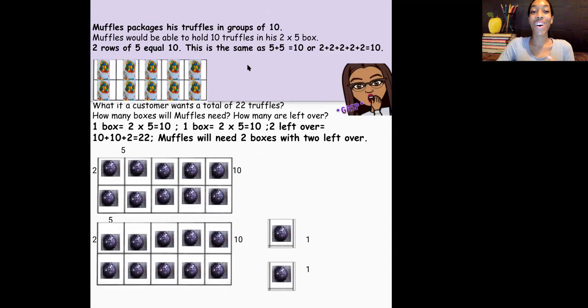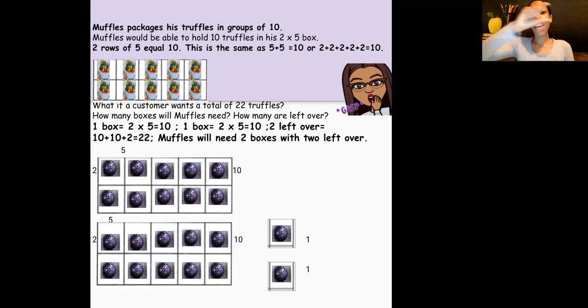All right, so Muffles packages his truffles in groups of 10. Muffles will be able to hold 10 truffles in his 2 by 5 box. Where did I get 2 times 5 from? There are 2 rows of 5. Rows go across, columns go down. In each column, there are 2, but there are 2 rows.